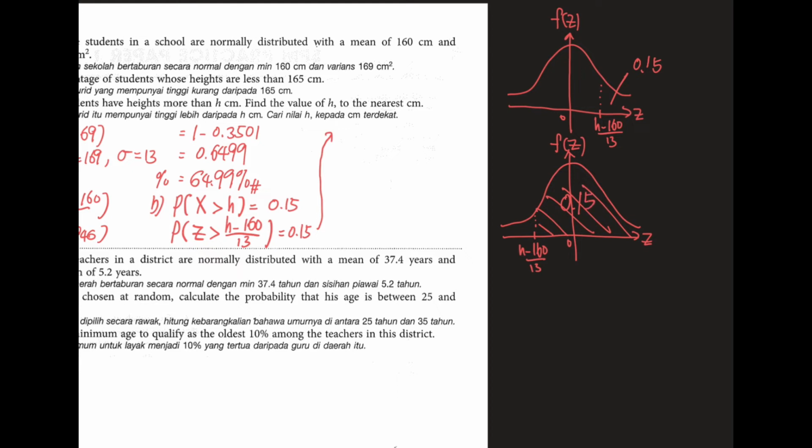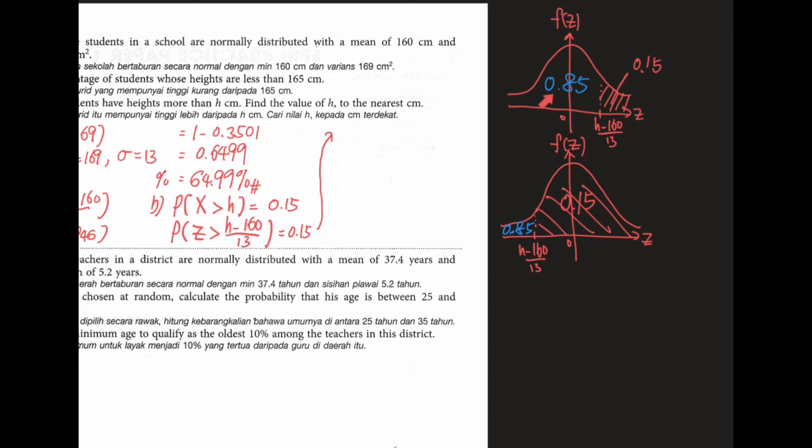On the right hand side, which means here, 0.15. So if the right hand side is 0.15, the left hand side should be 1 minus 0.15, so it should be 0.85 here. Likewise, if the right is 0.15, then the left should be 0.85, because the probability can only total 1.